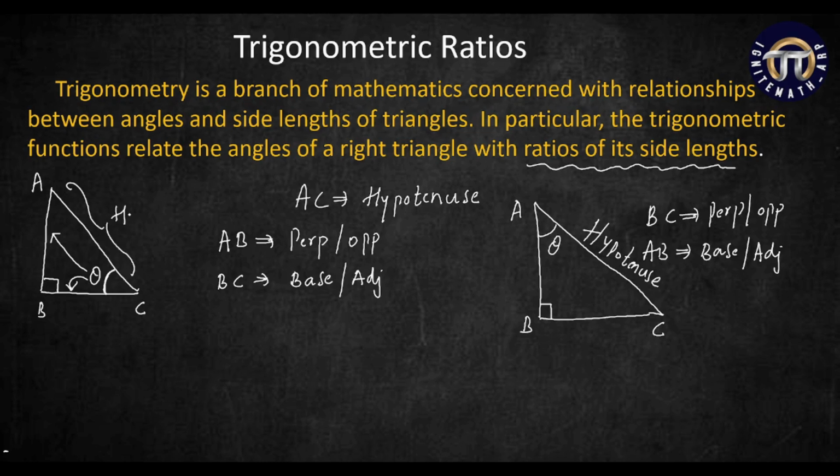Then what are the trigonometric ratios I am talking about? Basically there are 6 trigonometric ratios which relate the sides of the right angled triangle. What are the trigonometric ratios and how can I relate them? First of all, you must know what Pythagorean triplets are.